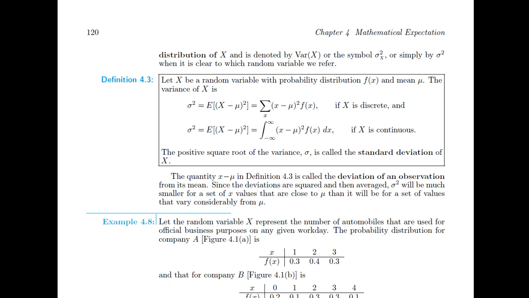The positive square root of the variance, σ, is called the standard deviation of X.